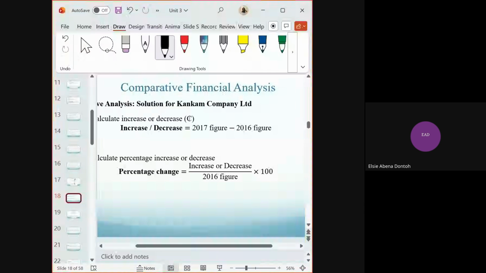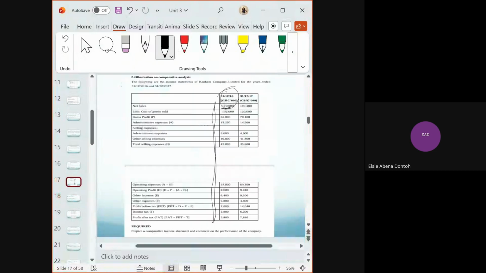So the absolute value for net sales is 20,400, and then the percentage increase is what? Is it 12%? Yes, madam. It's 12%. Then we move on to, okay, thank you.